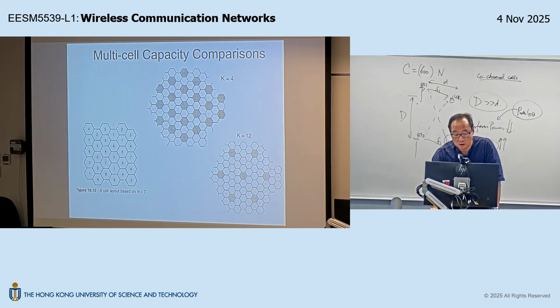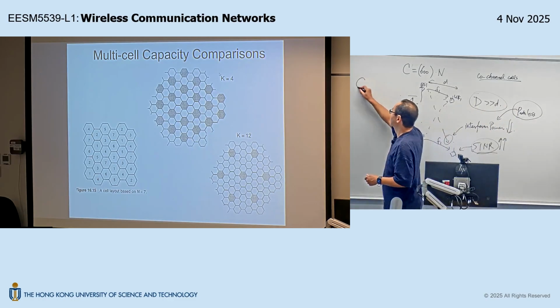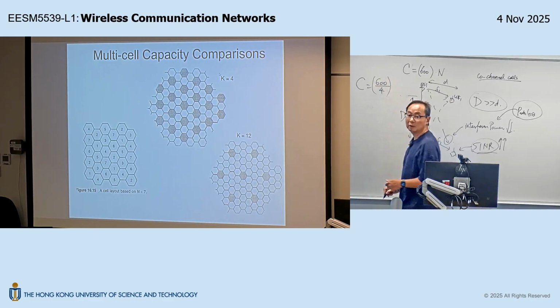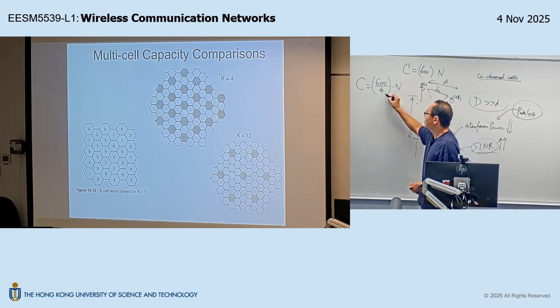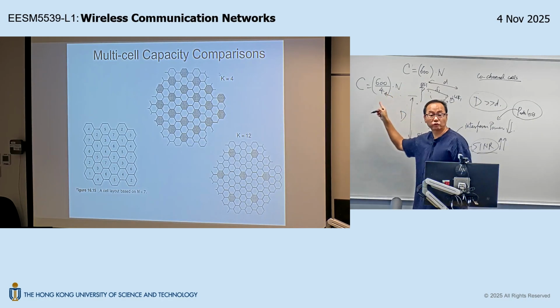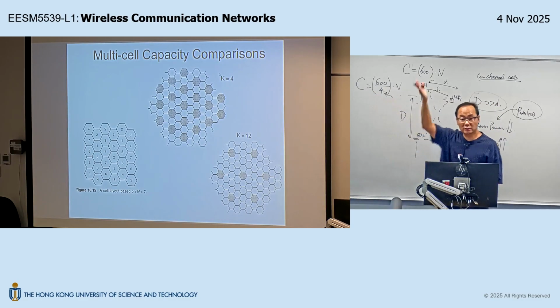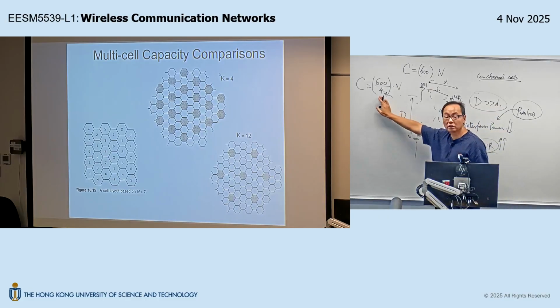Okay? Now, if I use a very small reuse factor, my capacity formula would be 600 channels divided by 4, right? So this is the number of channels per base station times the number of base stations. Since this denominator, which is the reuse factor, is smaller, my capacity curve will be scaling up faster with a steeper slope compared to the case of the reuse factor of 7, right?